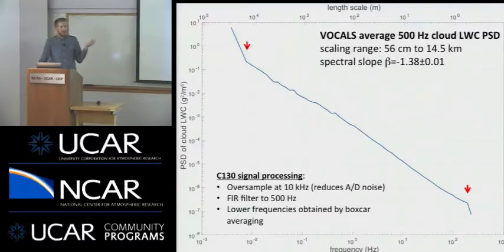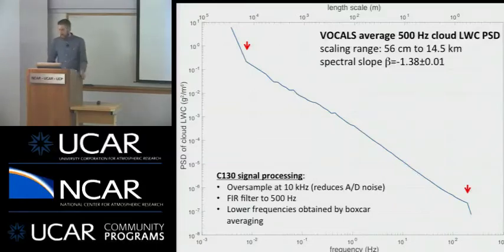So my hypothesis is that this 2 to 8 meter scale break is actually just analog to digital noise that has not been filtered out. So we filter the signal down to 500 hertz, and then you get down lower by simply averaging in time. But the point being that we're seeing something that nobody else has, and it's not as if there is some physical explanation for a scale break to essentially white noise. It's actually just a signal processing problem.